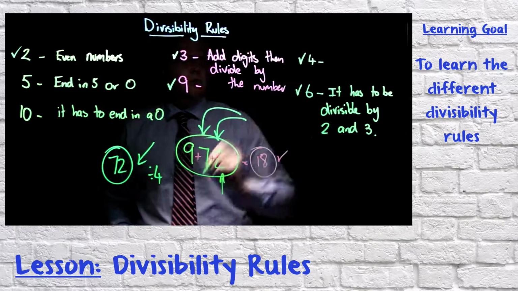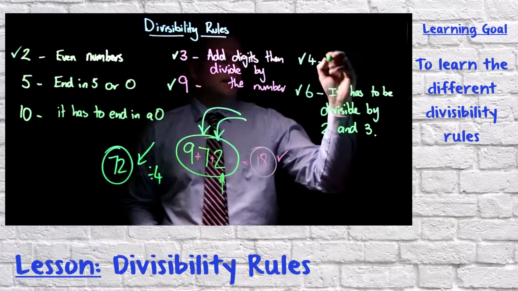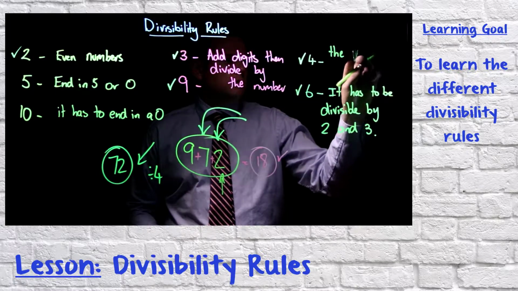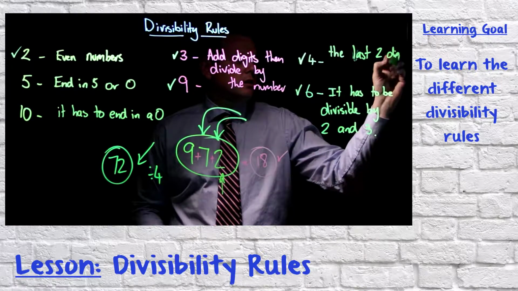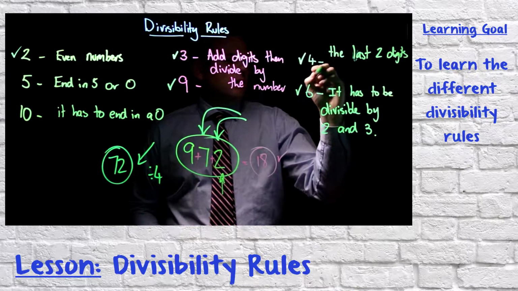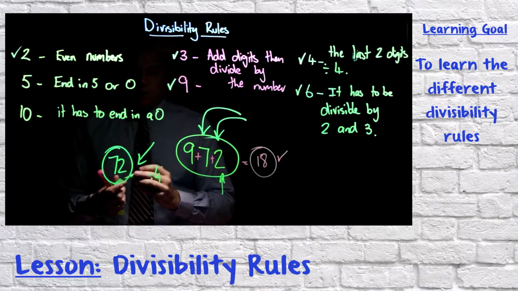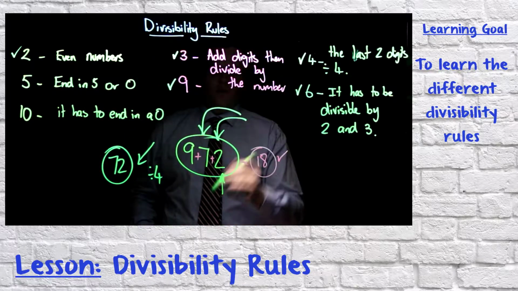So that means that 972 is divisible by 4, but we look at the last 2 digits divided by 4. So now they're the divisibility rules for 2, 5, 10, 3, 9, and 4 and 6.